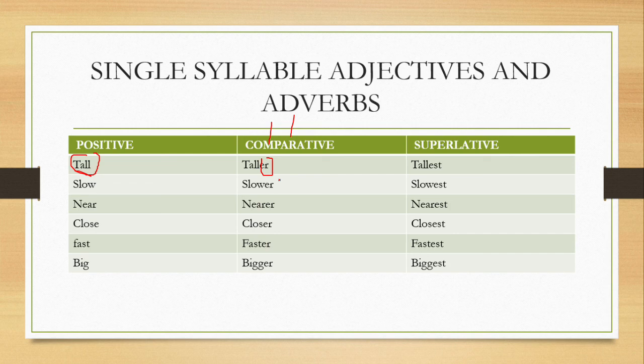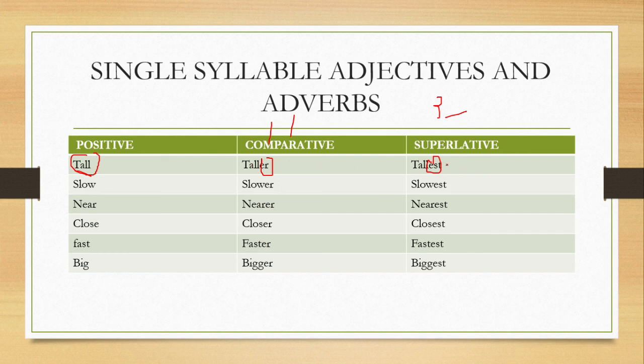We go to superlative, depending on how we can pronounce it, as long as we read the spellings. So the superlative here is tallest. That means we are comparing 3 or more. So when someone is more tall than all the people who are present there, then you use the word tallest.